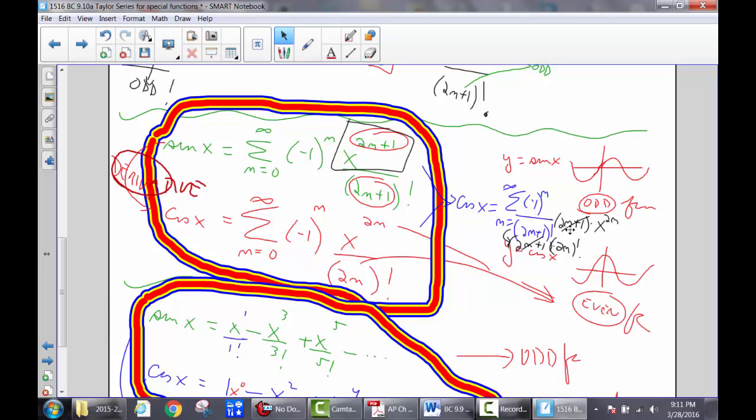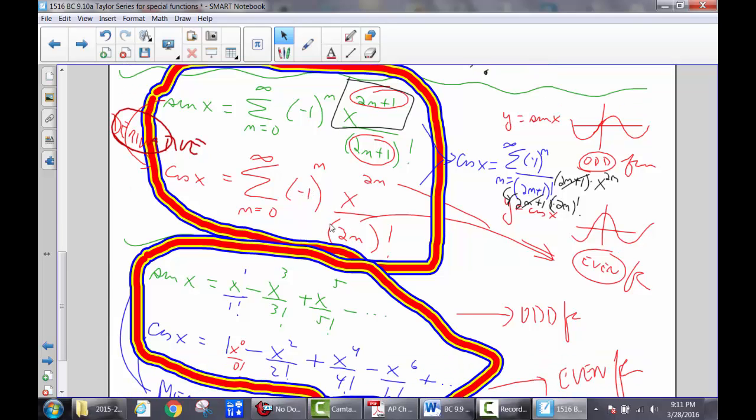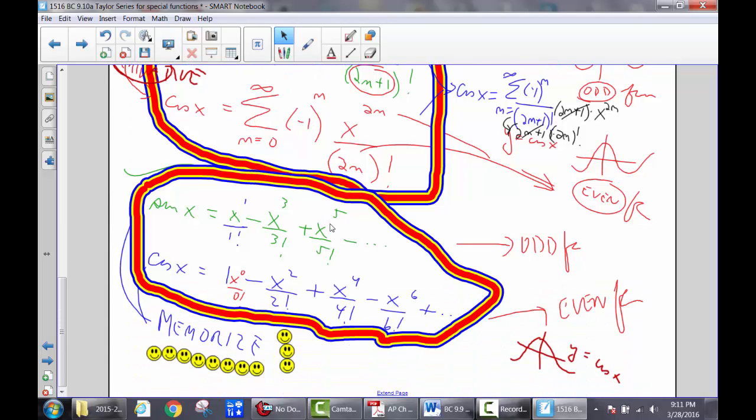Then this is 2n plus 1 and this is 2n plus 1 factorial, which is 2n plus 1 times 2n factorial. The 2n plus 1s cancel, and sure enough I'm left with x to the 2n over 2n factorial with a negative 1 to the n, also starting at 0.